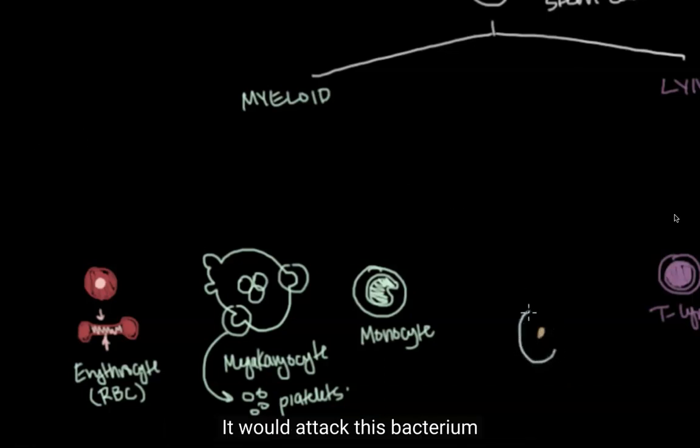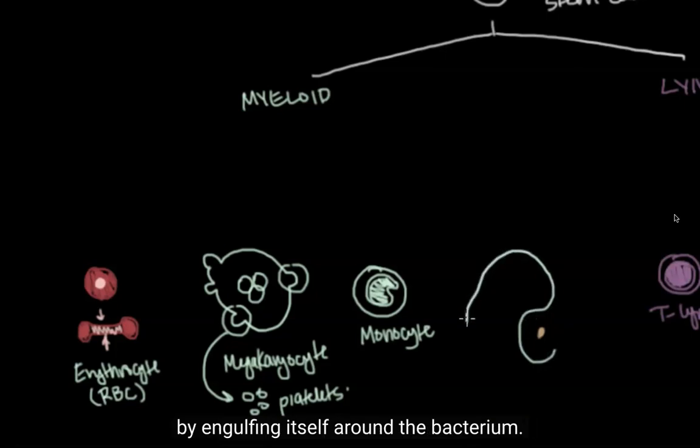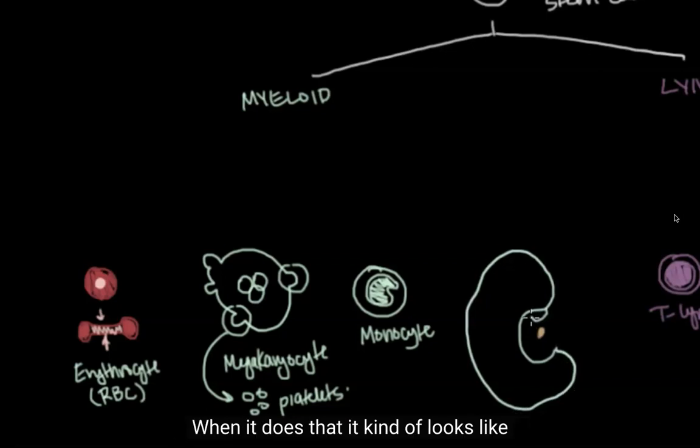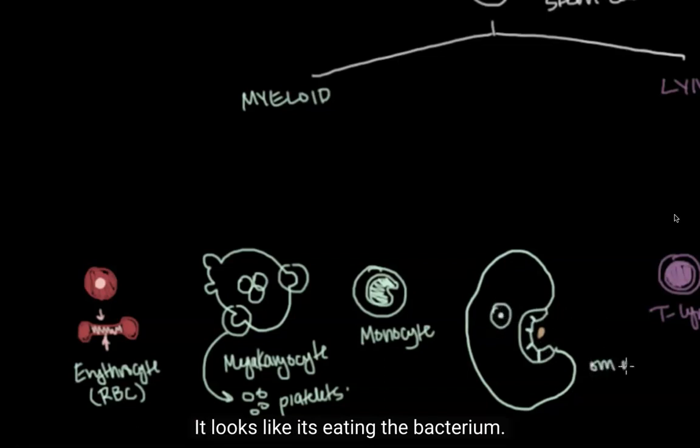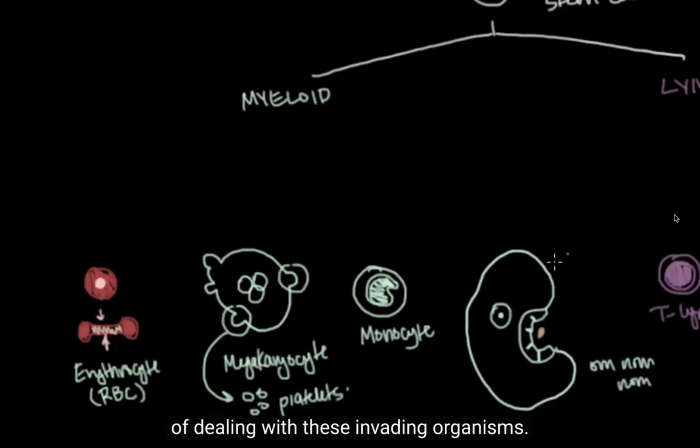It would attack this bacterium by engulfing itself around the bacterium. Okay, and when it does that, it kind of looks like it's eating the bacterium. And so that's a very interesting way of dealing with these invading organisms. So let's clear that out.